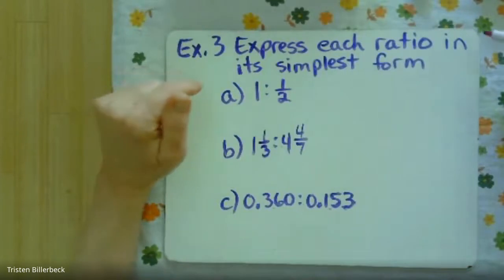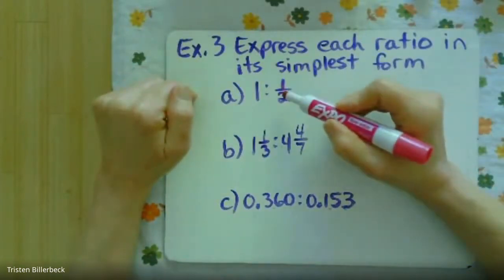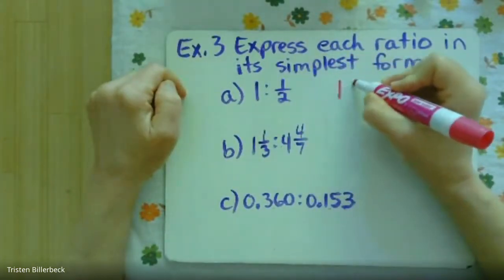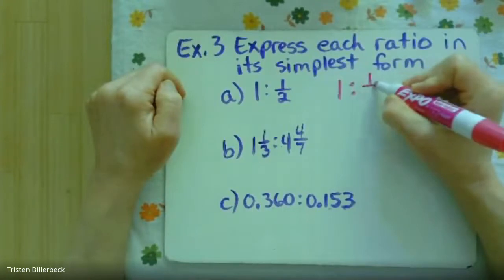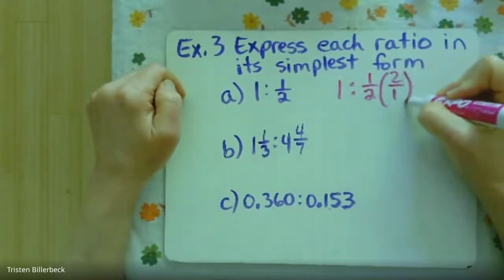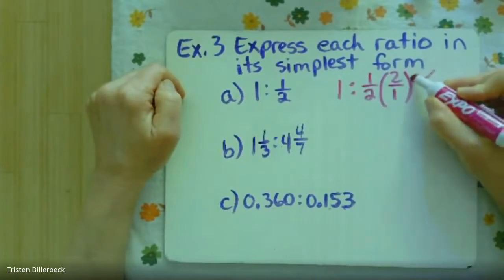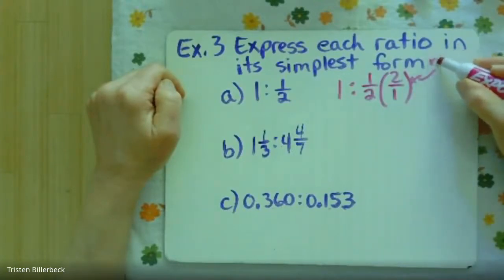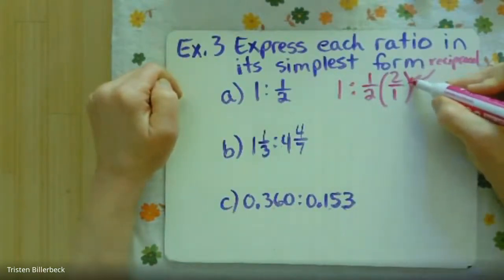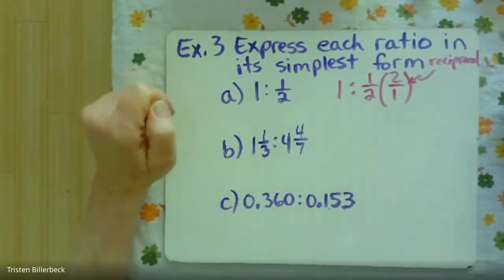So let's express each ratio in the simplest form. We can't have a fraction, so we're going to have to figure out how to get rid of that fraction. One way we can do it is to multiply by the reciprocal. A reciprocal means it's a flipped over fraction.